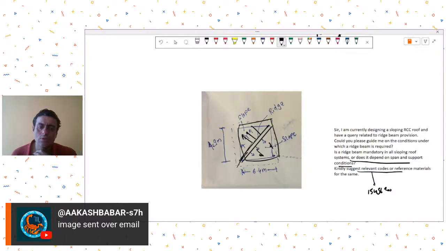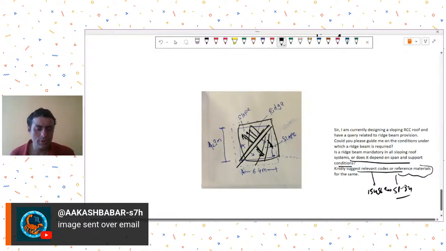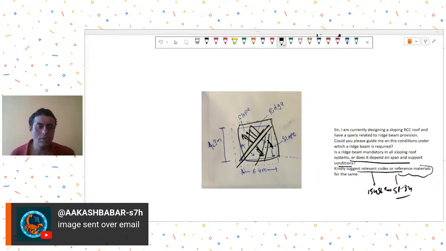It's always good to have a ridge beam because it provides a stiff element on which the sloping slabs can be supported. And for detailing references, you may refer to SP34. Otherwise, there is no separate code required over here.